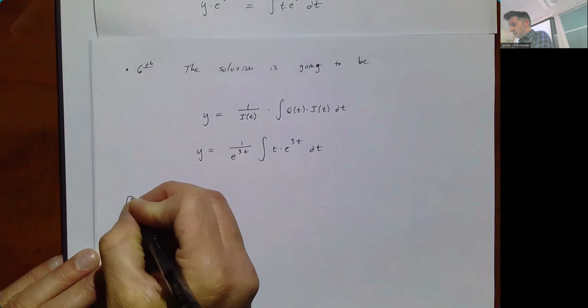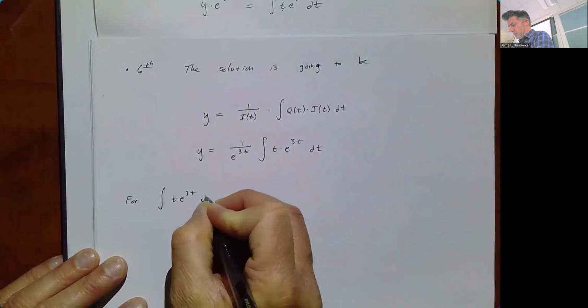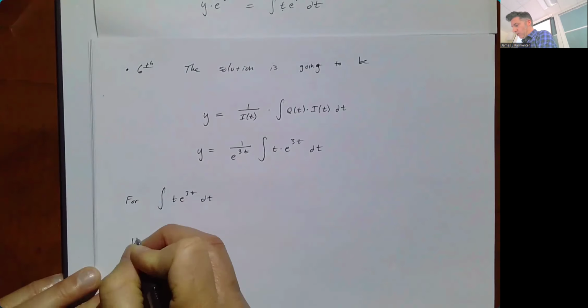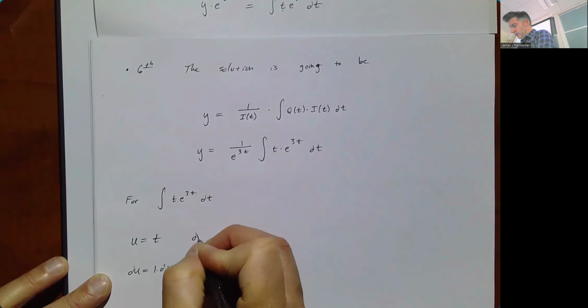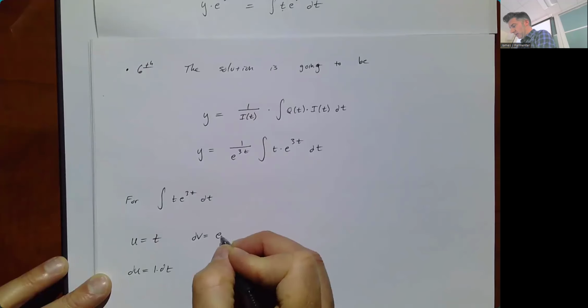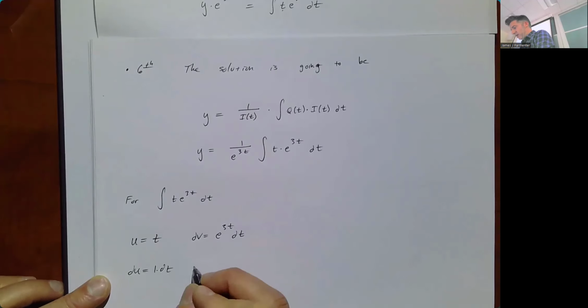So for the integral of t e to the 3t dt, we're going to let u equal t. Our du is 1 times dt. dv has to be the rest, which is the e to the 3t times dt. And the antiderivative of e to the 3t is e to the 3t divided by 3.